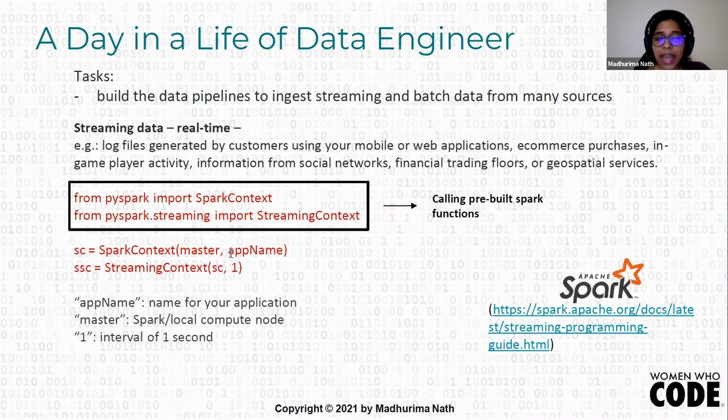And then the app name here is the name of your application that you want to get data from. And then I want to set the interval at which I want to gain data. Do I want it at 1 second? Do I want it 60 seconds, a minute? So this is a generic example of how I would get streaming data in Spark.